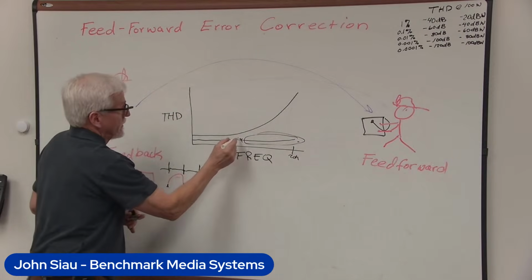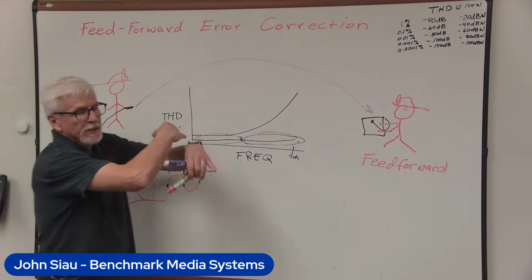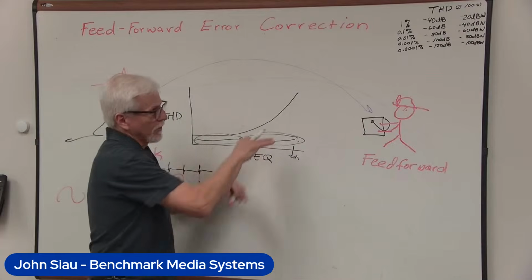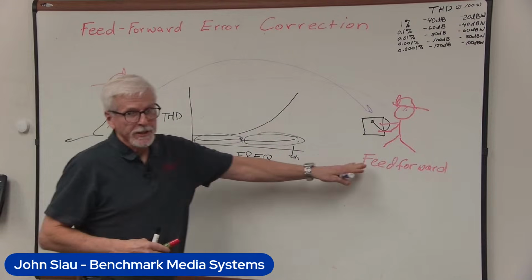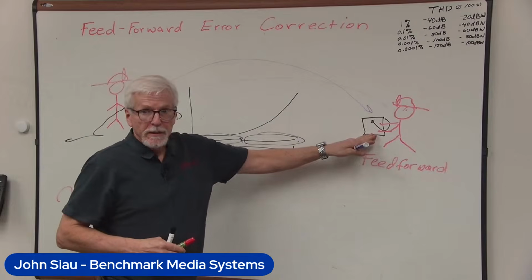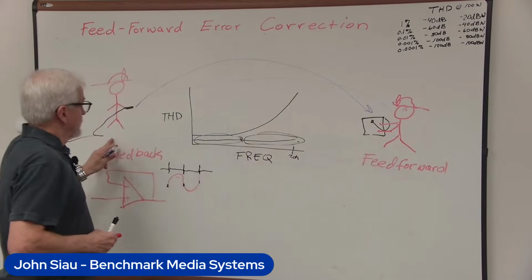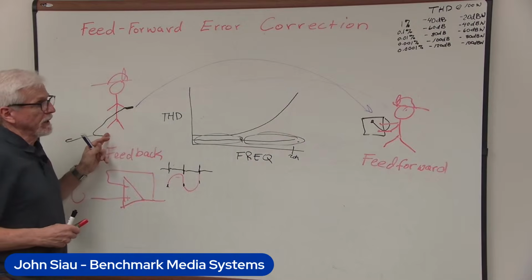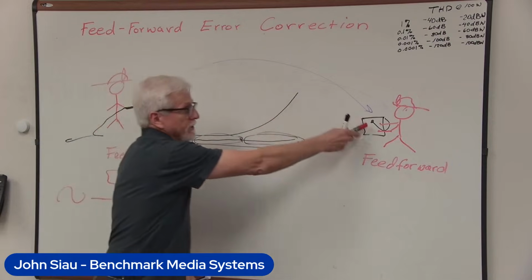And in this area here, we're primarily using feedback correction. And the two overlap, and it's a general crossover between one and the other. But the feed-forward error correction can operate as fast as this guy can move, versus the feedback can only operate as fast as, well, we're limited by this time delay.